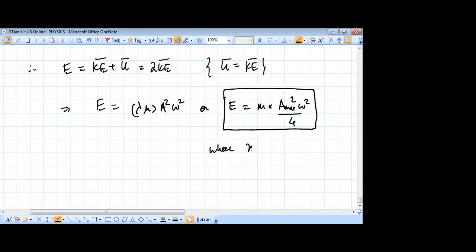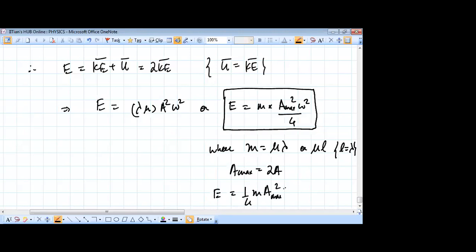So first of all, m is the mass of the string of length lambda, or mu l, where the length of that section is taken as lambda, and E max was equal to 2a from that equation above. So that energy is 1/4 of m. This is amplitude of antinode.